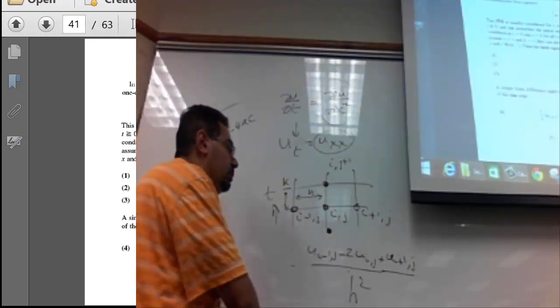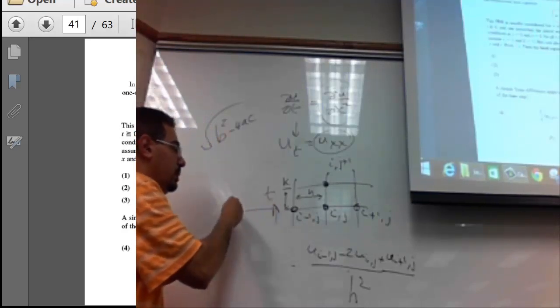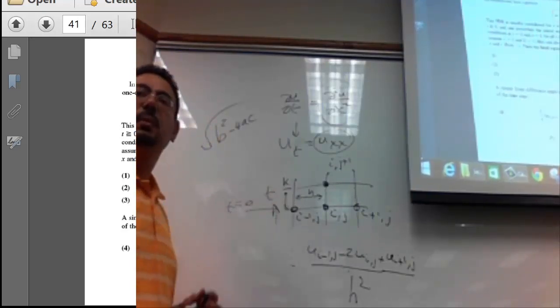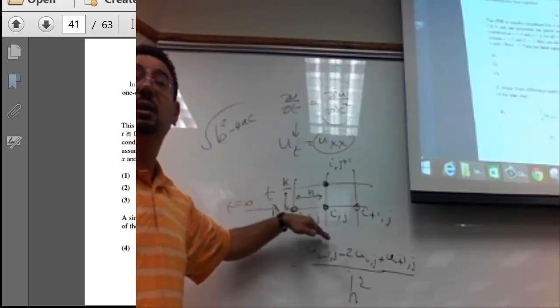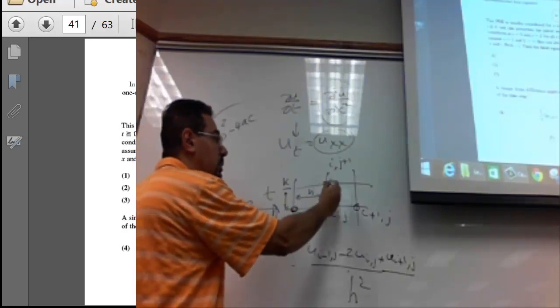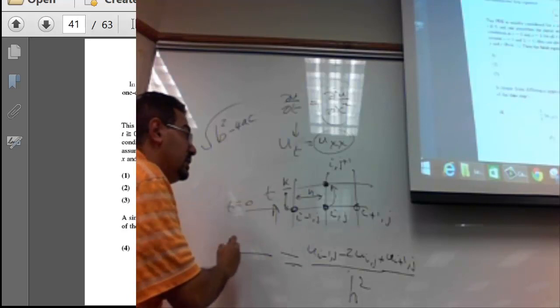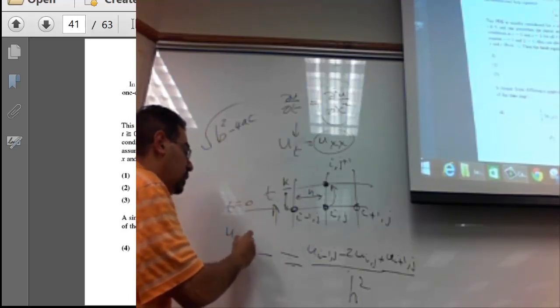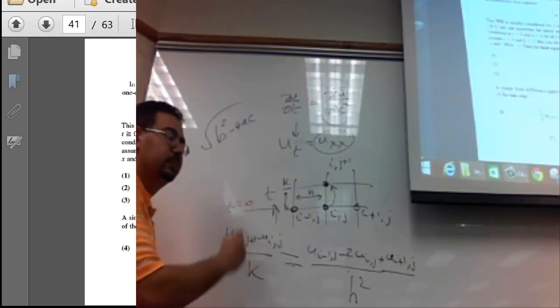We don't have the point before us because this is just t equals 0, the first time step. So rather than using the central difference, which is accurate, they use the forward difference. They will say that UT is simply U of i, j plus 1 minus U of i, j over k.